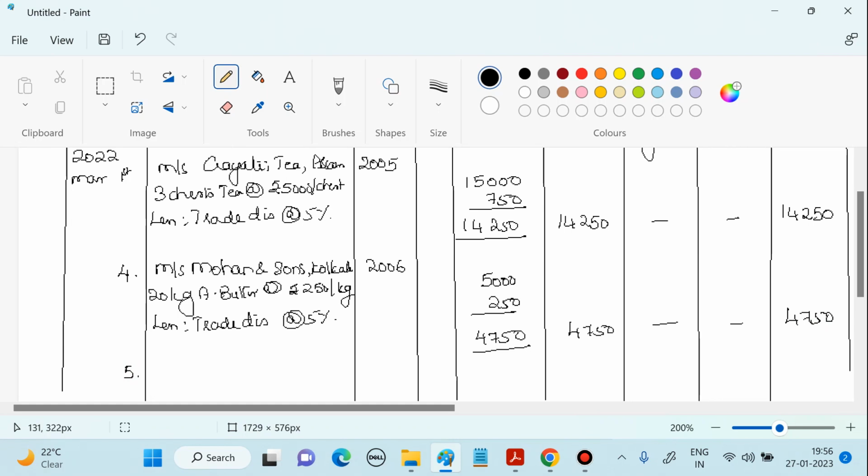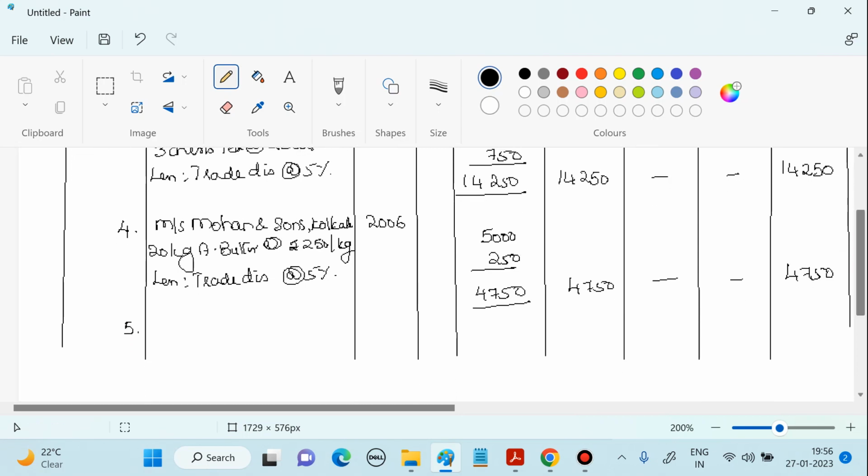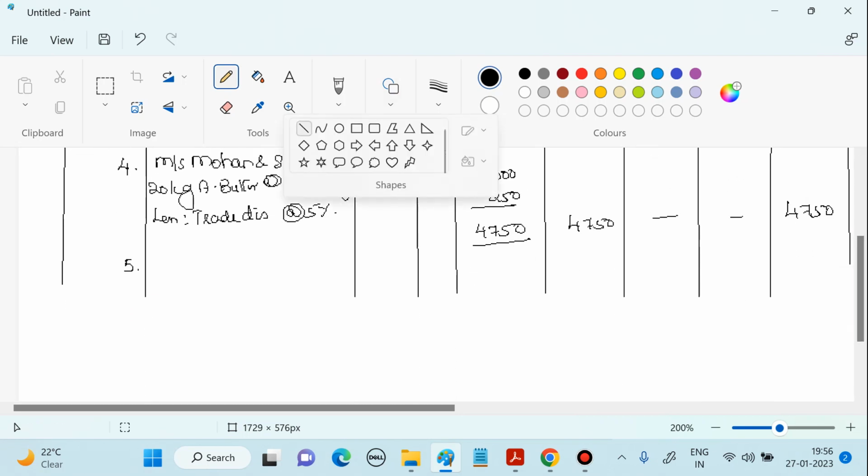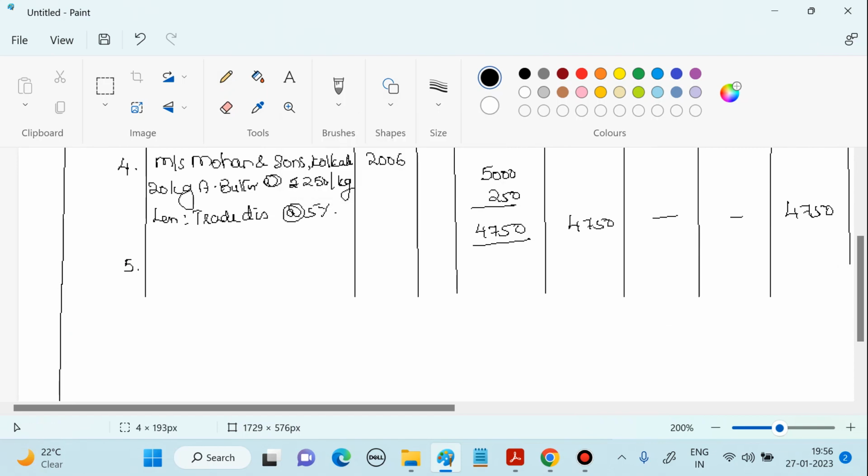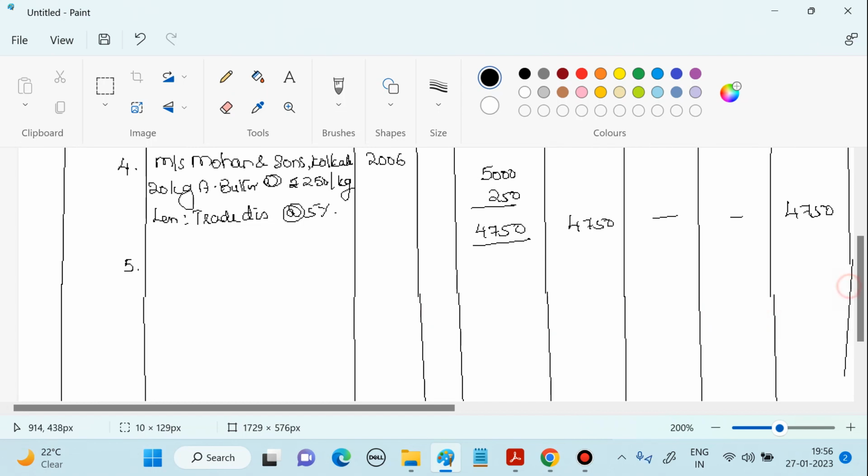Now, March 5th transaction. Let me extend the book. Sold to Messrs. Gary and Sons.